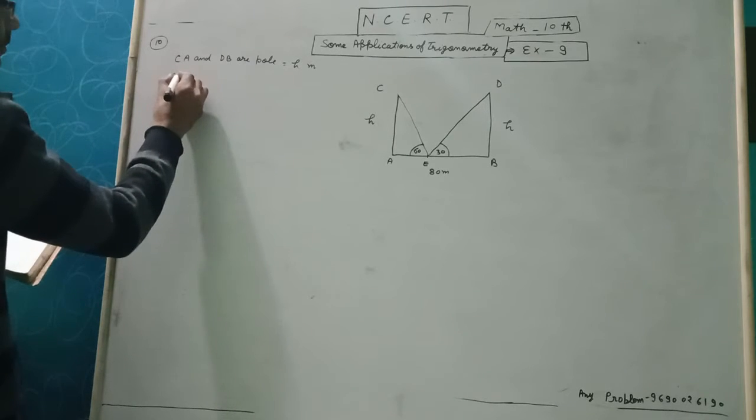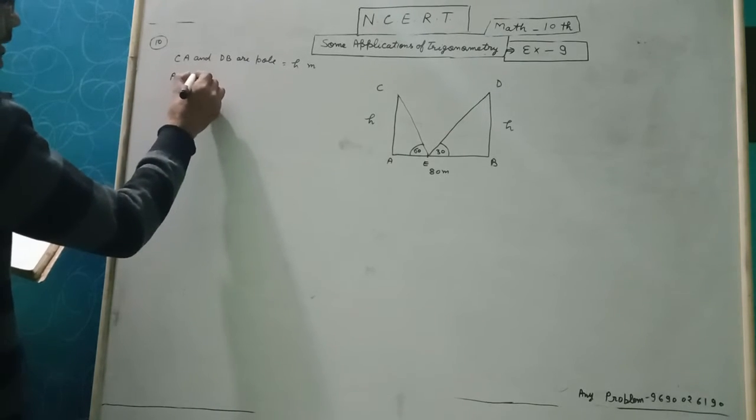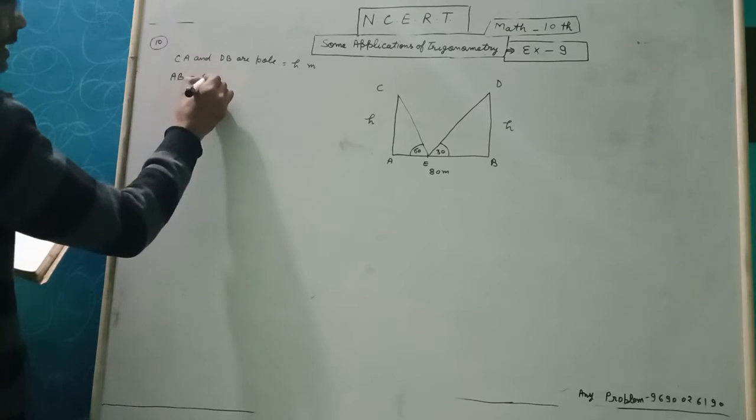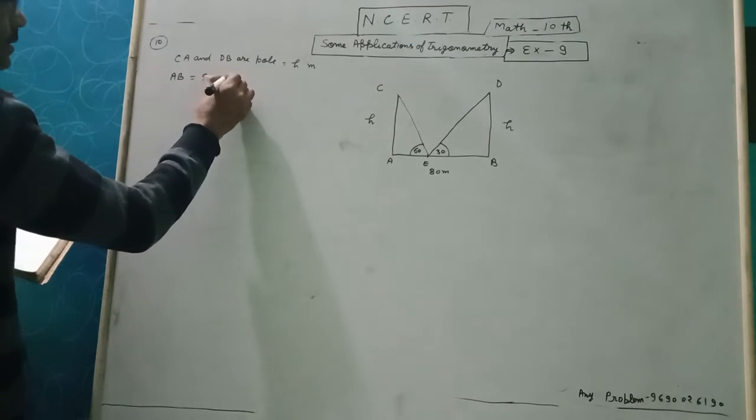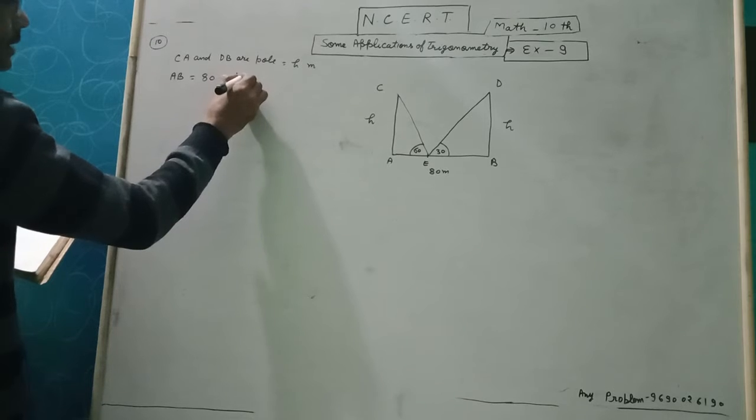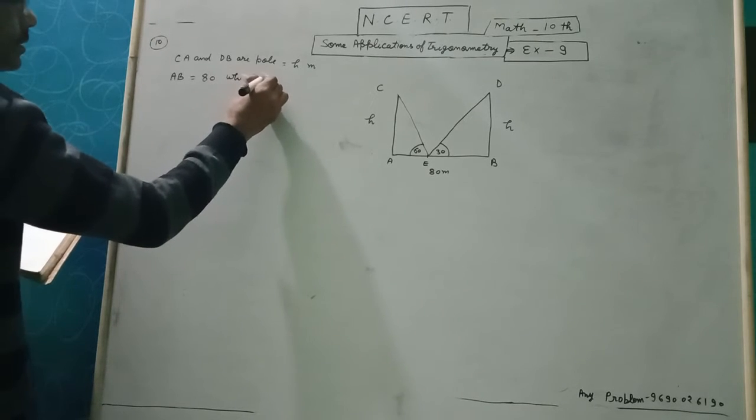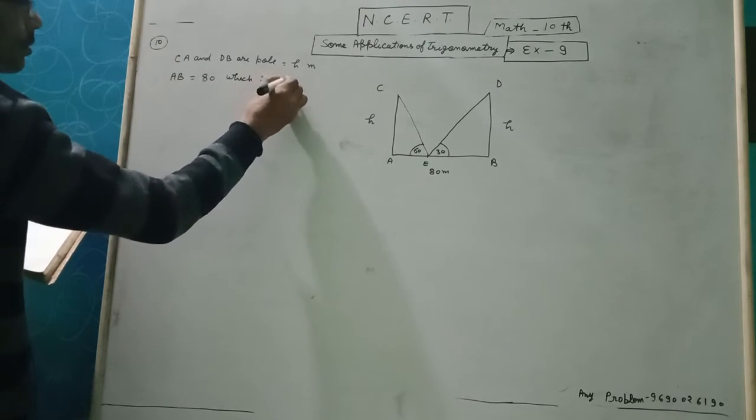AB is the road. AB is equal to 80 meter.